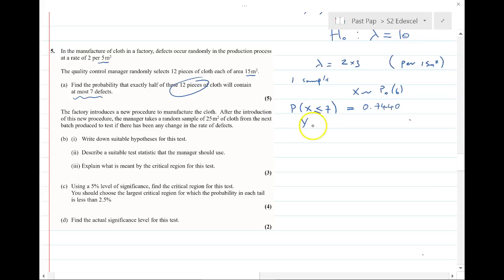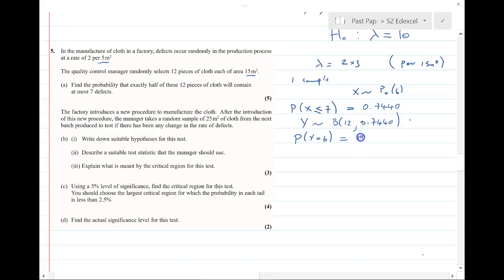So if we let Y be equal to the binomial 12, 0.7440, and now we're being asked for the probability that exactly half of them, well, exactly half of 12 is 6. So we're being asked for the probability that Y equals 6.